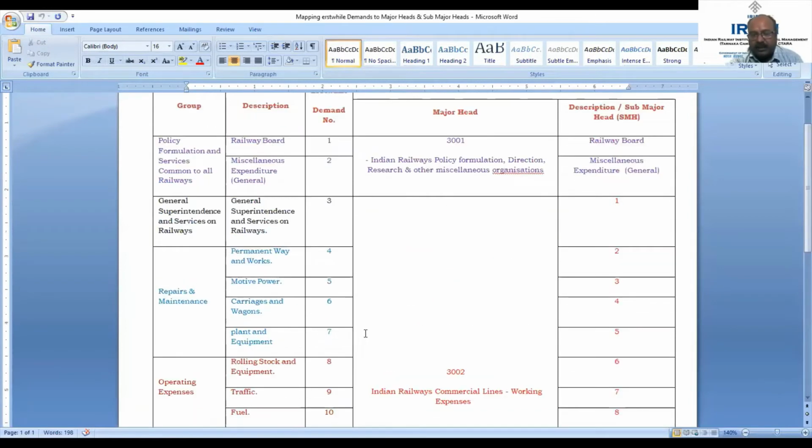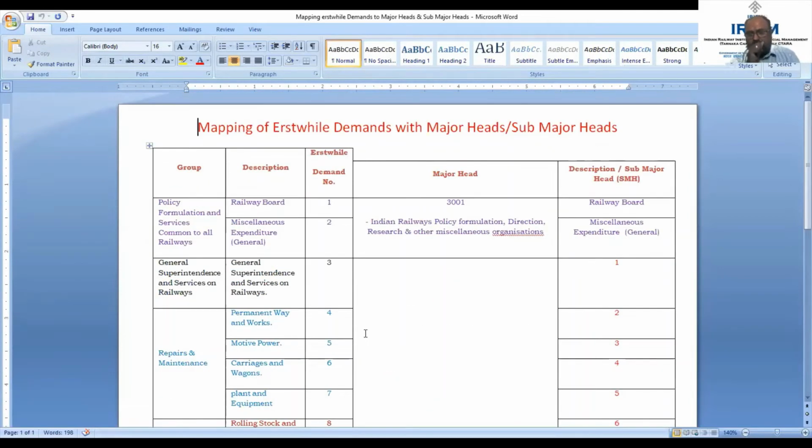Now we'll check assigning this major head. For demand number 1 and 2, the major head is 3001, Indian Railways policy formulation, direction, research and other miscellaneous organization.